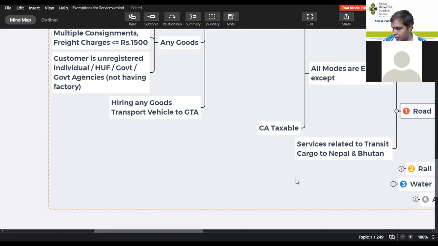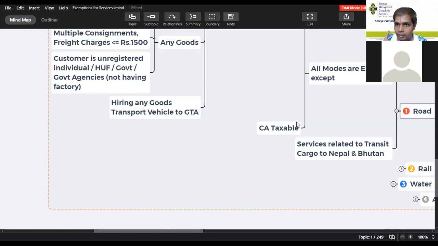One question I wanted to ask in this context: if I am transporting, let's say, from Chennai to the Andaman Nicobar Islands, through a vessel, a ship, there are 100 people going, and each person I am charging, let's say, 1,000 rupees.